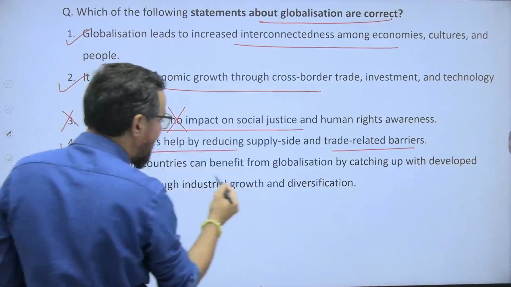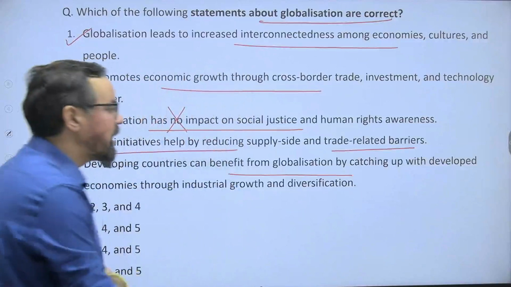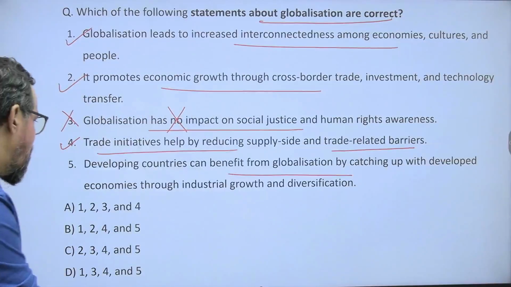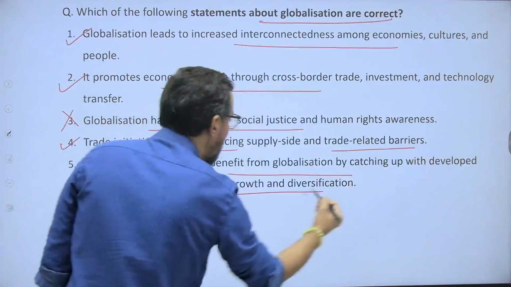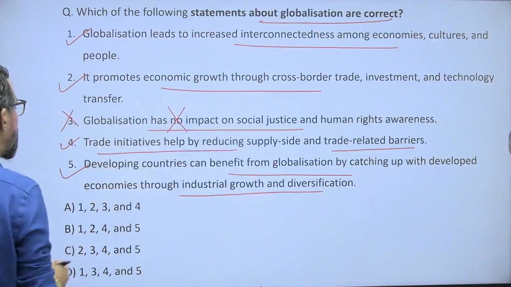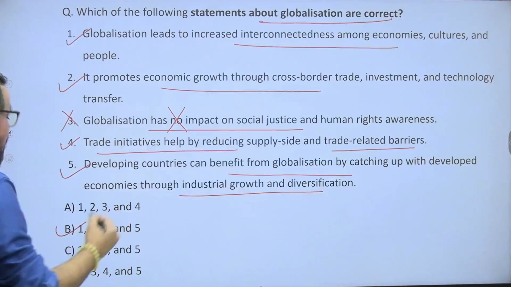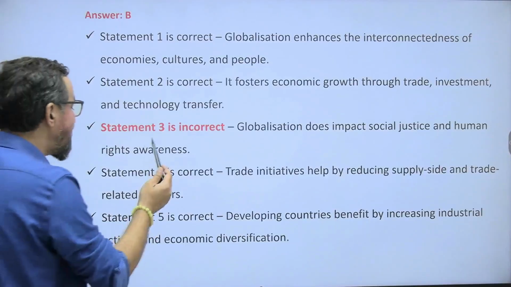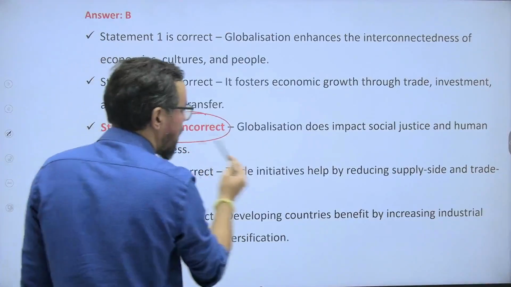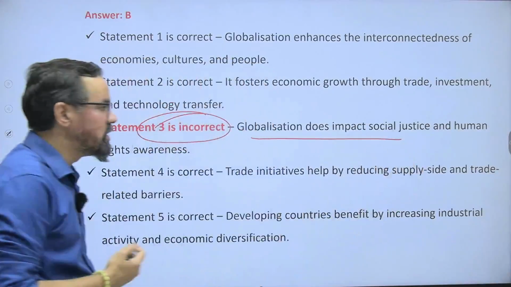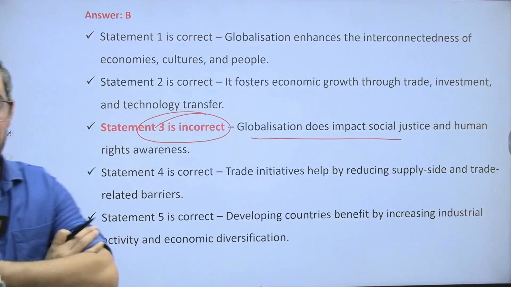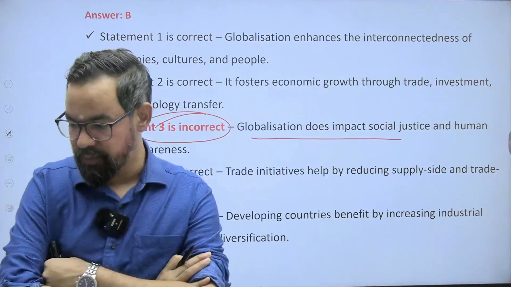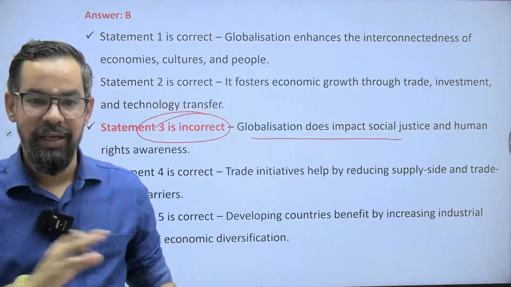Developing countries can benefit from globalization by catching up with developed economies through industrial growth and diversification too. So 1, 2, 4, 5 means option B is the right answer. Only statement 3 was incorrect. It does impact social justice and human rights awareness also. I hope you are getting these things.